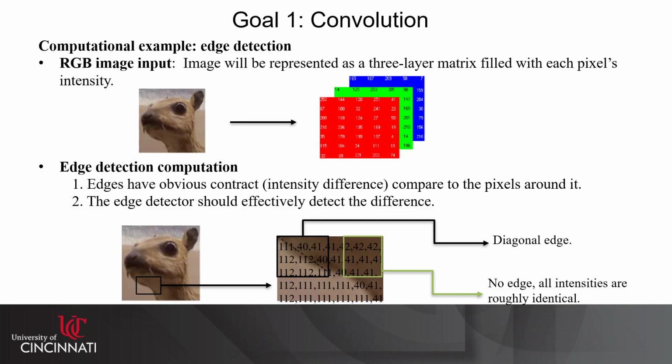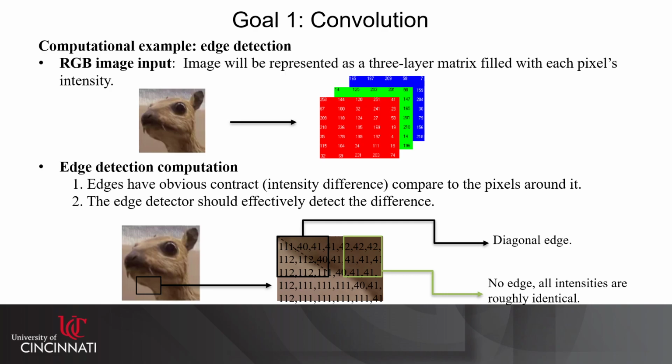We can see there are two portions I highlighted, one with the edge, one without the edge. The one circled with the black box has a diagonal edge, meaning the edge is diagonal. The lower left corner is really bright. It has 111, 112 intensities.